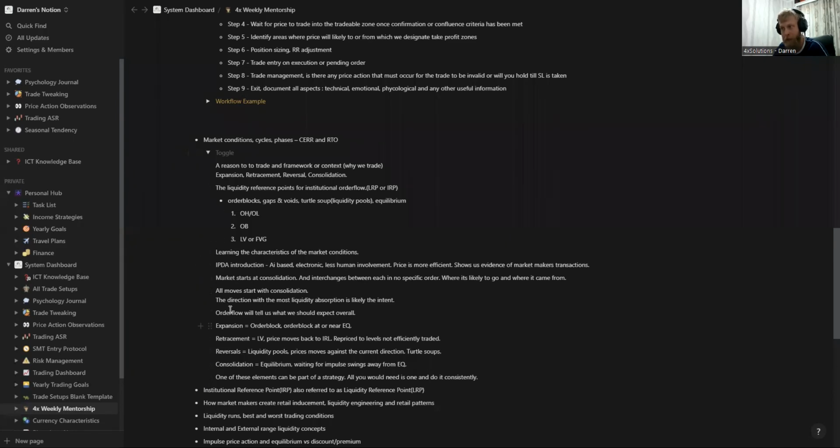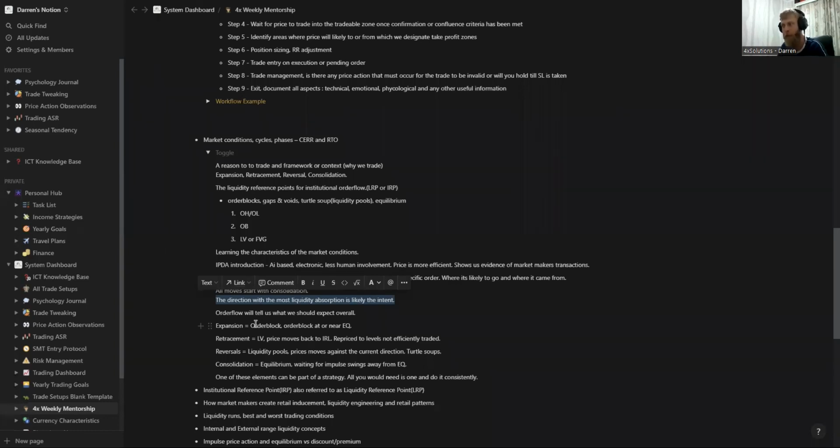But over here, all moves, like I said, start with consolidation. The direction with the most liquidity absorption is likely the intent. That means where there's likely to be more liquidity is where the direction is likely to go, because liquidity absorption means price has to run into that liquidity to absorb those sell stops or buy stops.